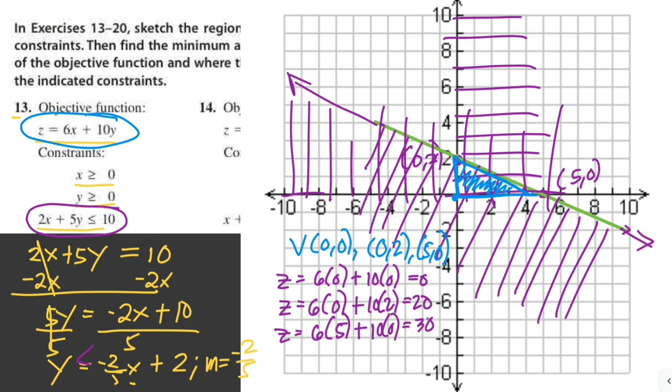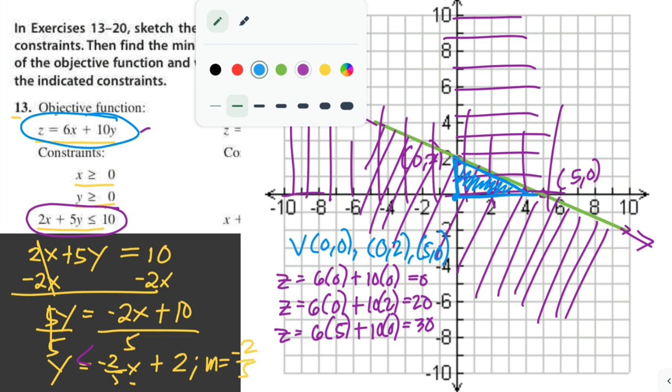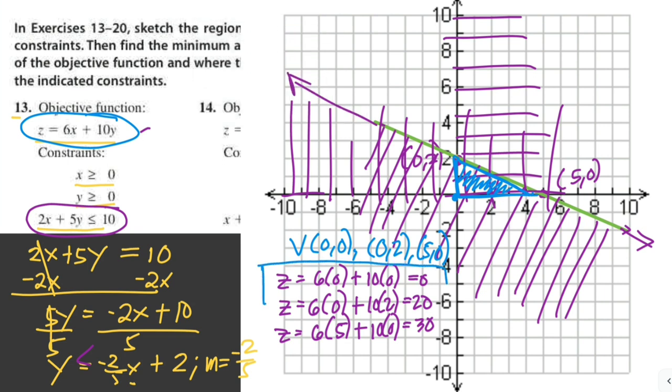So this is 30. Therefore, the minimum value of this objective function is at 0, 0. This one. And it's equal to 0. So this is the minimum.